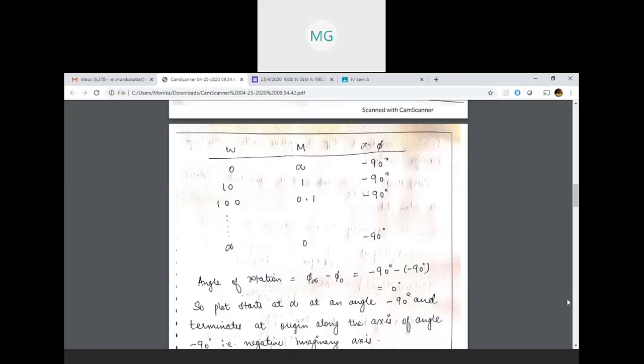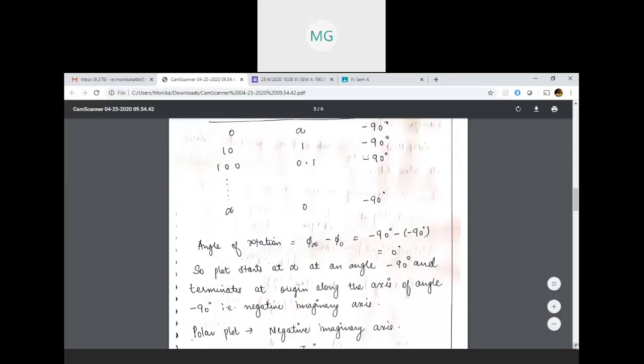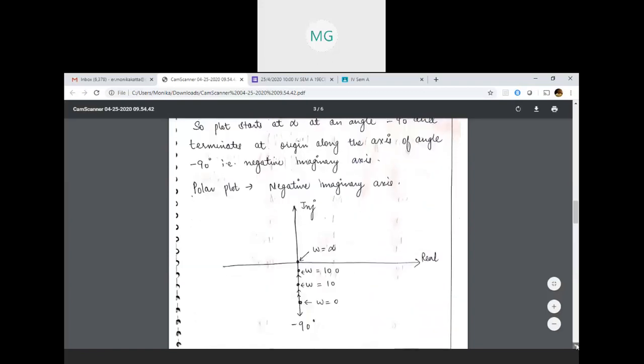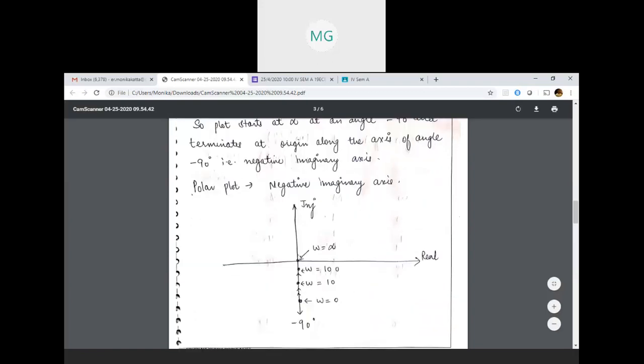Okay, let us see how. So your plot starts at infinity. Where is your infinity point? At minus 90 degree. Since this is your plus 90 degree, your minus 90 degree will be this side.